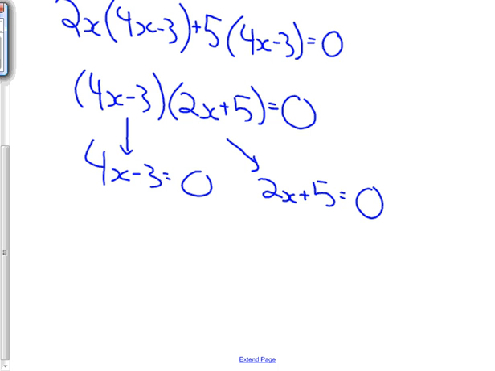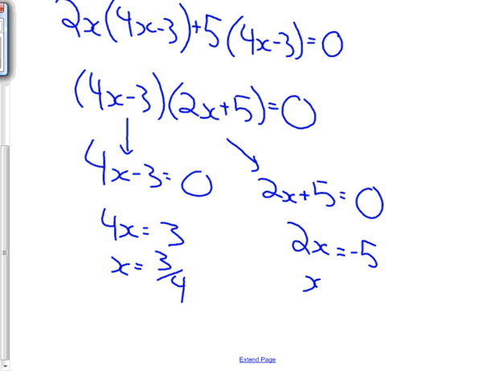What do I get when I solve the brackets? 4x minus 3 equals 0, so x equals 3 over 4. And 4x plus 5 equals 0, subtract 5, x equals negative 5, divide everything by 4, equals negative 5 over 4.